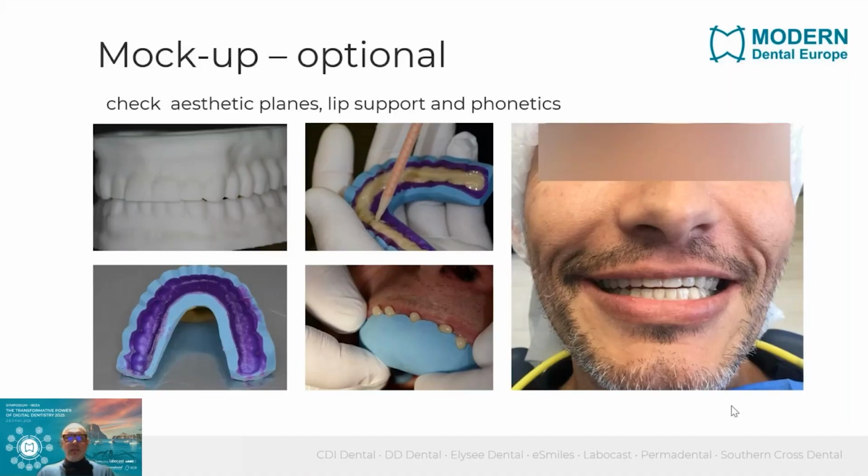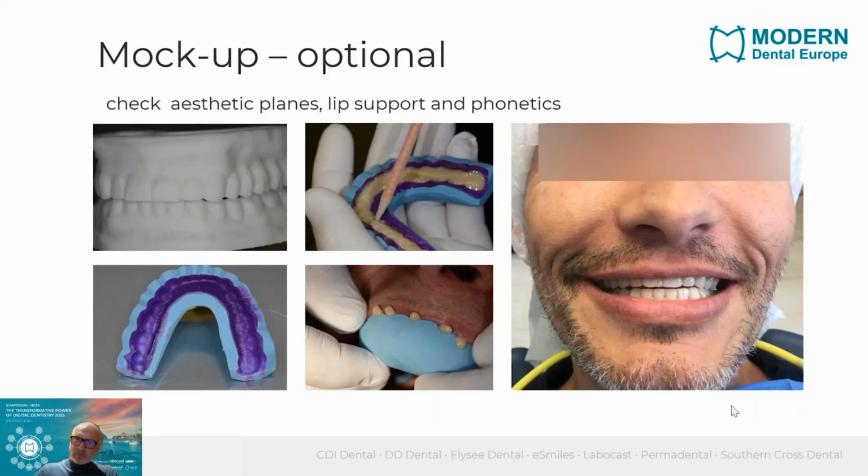So that's why we print both models of both structures and use this library and this shrinkage mode to get there. So once all this work is done and the smile design is approved, then an important step is optional, but for full arch rehabilitations, it's advisable to still order a mock-up.